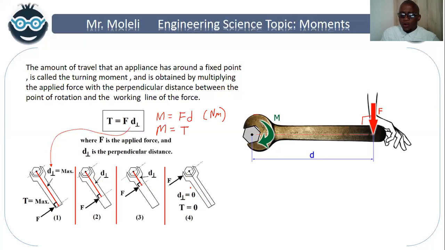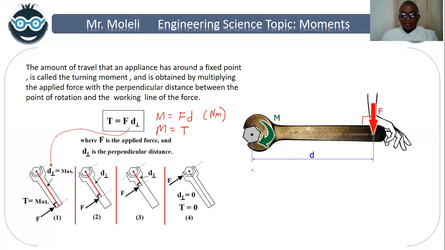Why zero? Because there's no distance here. And the closer you get to the pivot, the less torque you'll have. I hope that is clear, good people. And this green arrow here symbolizes the direction of the spanner, a moment. Force must be applied here in order for the spanner to turn, right?